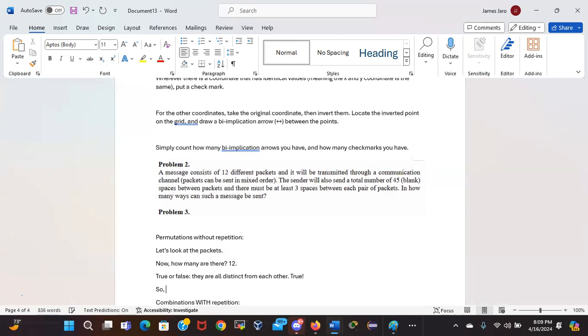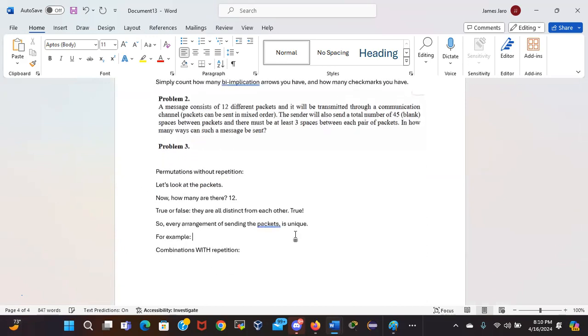So every variation, or every arrangement, of sending the packets is unique. Does that make sense? For example, sending packet 1 first is different from sending packet 12 first. Does that make sense?